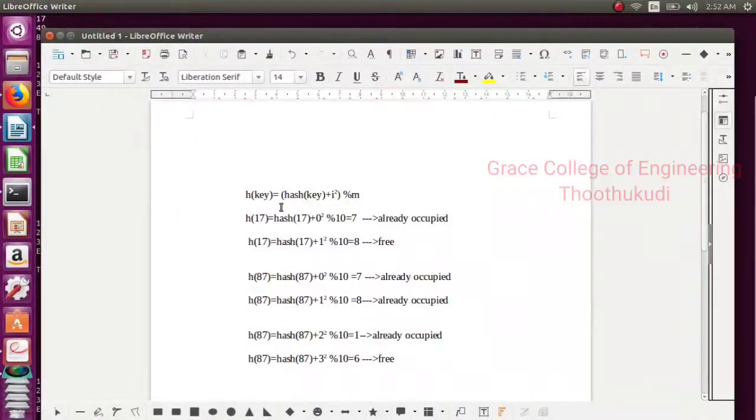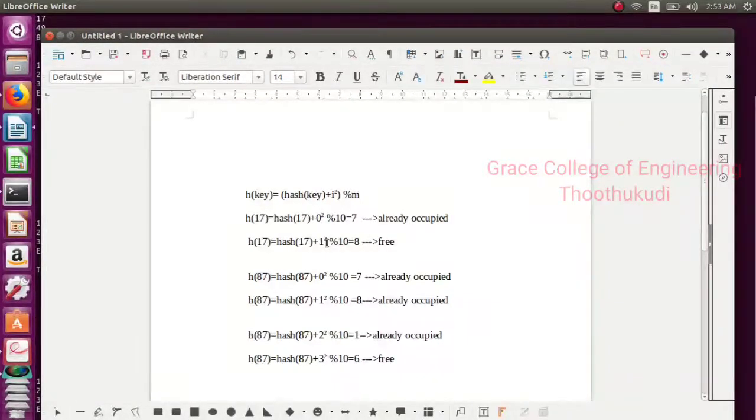Quadratic probing uses the formula hash of key equals hash of key plus i squared mod m, where i represents the index position and m represents the size of the hash table. You put the value of i from the start. First you put 0, and the output is 7. 7 is already occupied by the element 37. So put 1 for i, so i squared is 1, and the answer is 8.